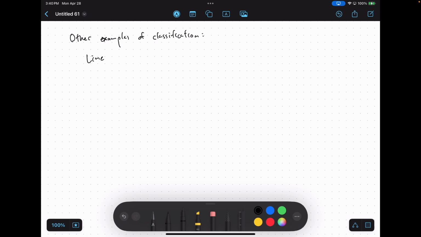So one is known as linear discriminant analysis. I'm trying to figure out how to balance with the remaining time here.